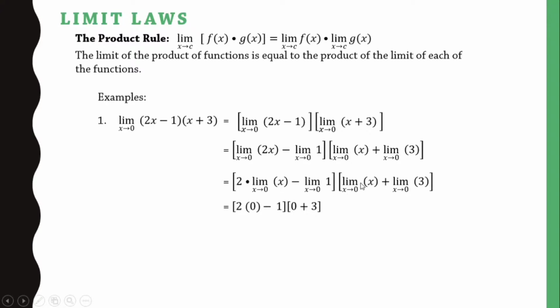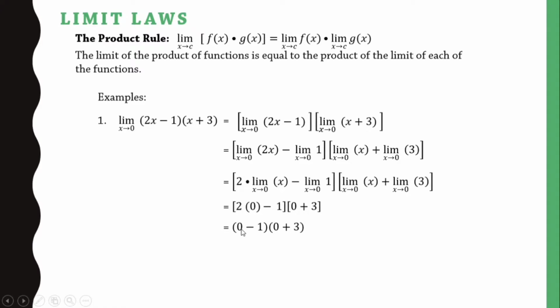Then the limit of x as x approaches 0 is 0 plus the limit of 3 as x approaches 0, which using the constant rule is simply 3. So that is 2 times 0 minus 1 times 0 plus 3.